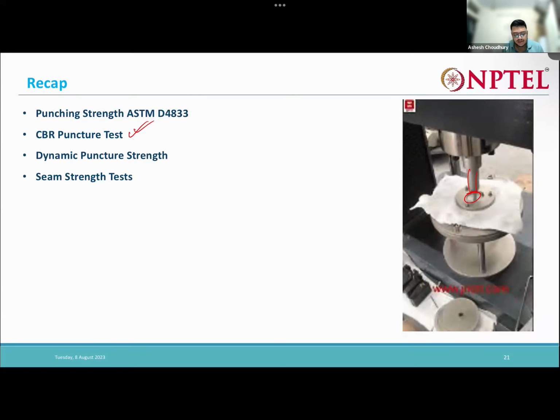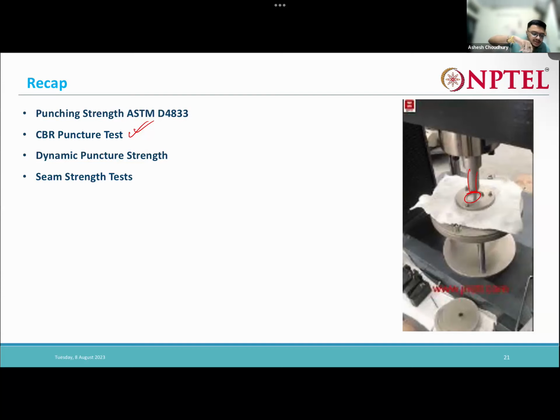Another most important test is the dynamic puncture test. In this dynamic puncture test, we drop a pointed cone of a standard size and standard width over the geosynthetic. Obviously, it will go inside the geosynthetic and make a hole.